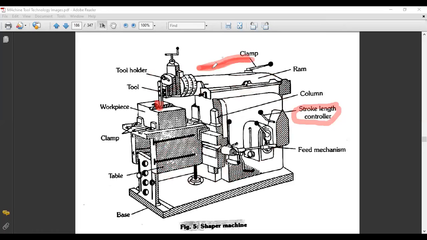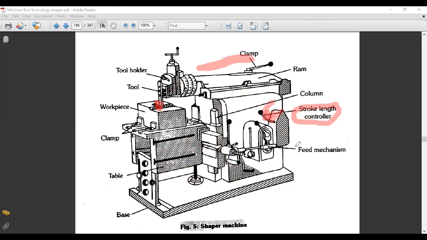In this direction, the tool stroke length is decided by these handles, and this handle has different settlement or rest positions: one step, second step, third step, fourth step. These are the different steps of the stroke length controller, and different steps provide different strokes.